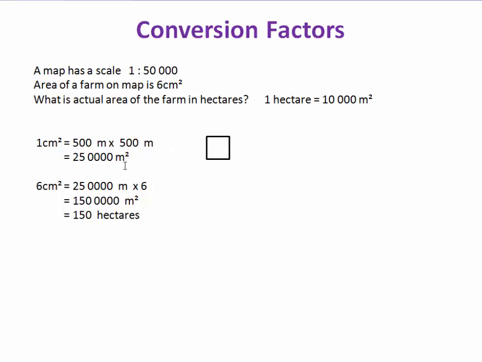We'll multiply that by 6 to get 6 centimeters squared, and that gives us 1,500,000 meters squared. We want the answer in hectares, so divide by 10,000, which is taking away 4 zeros, leaving us with 150 hectares.